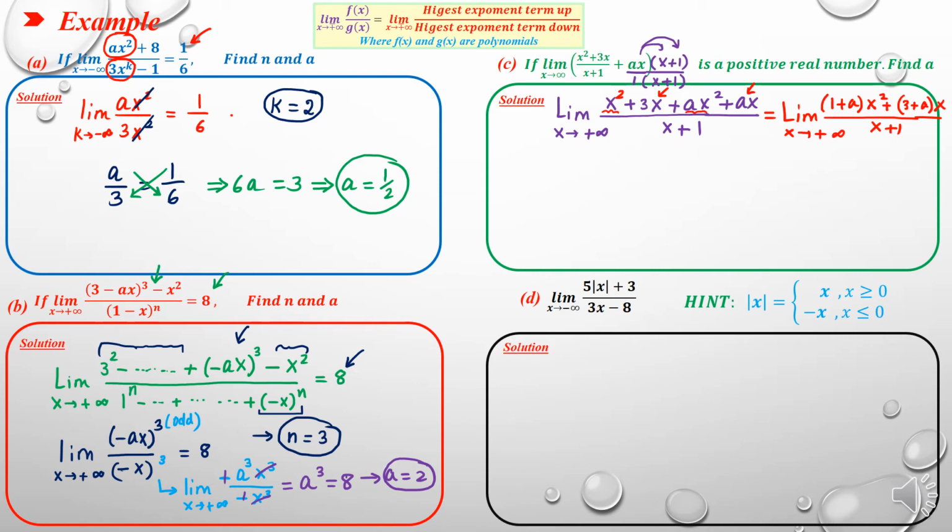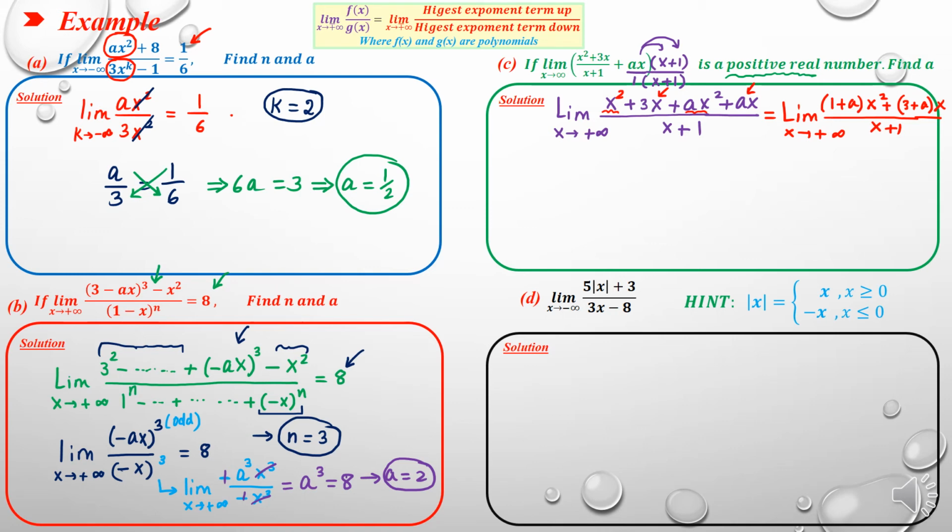Now since the limit is a positive real number, but we don't know what the positive real number is, you have to take the highest power up and the highest power down, and since the limit exists here, this means that the power up equals the power down.